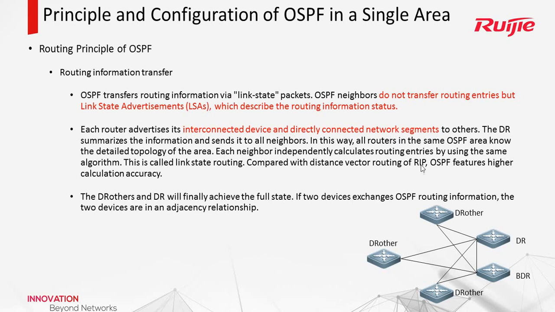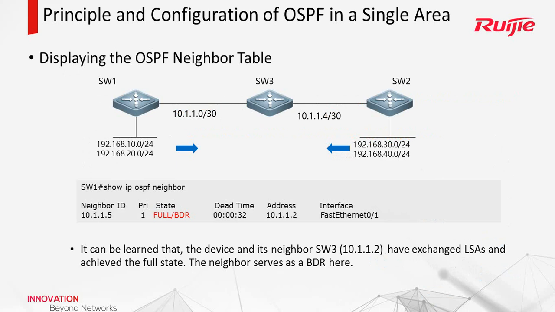The other devices receive these LSAs, read them, and then calculate their paths, then generate their routing tables. After you configure OSPF, don't forget to use show ip ospf neighbor. If the state is full, it means they have already finished the neighbor establishment.